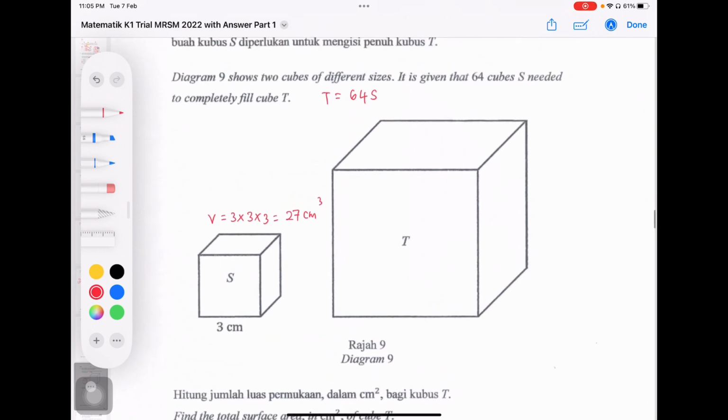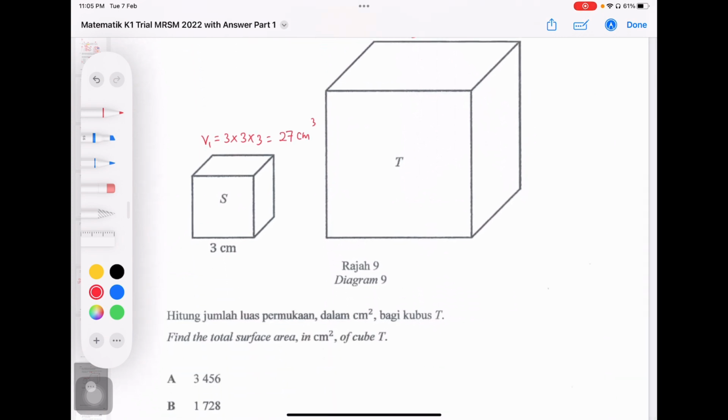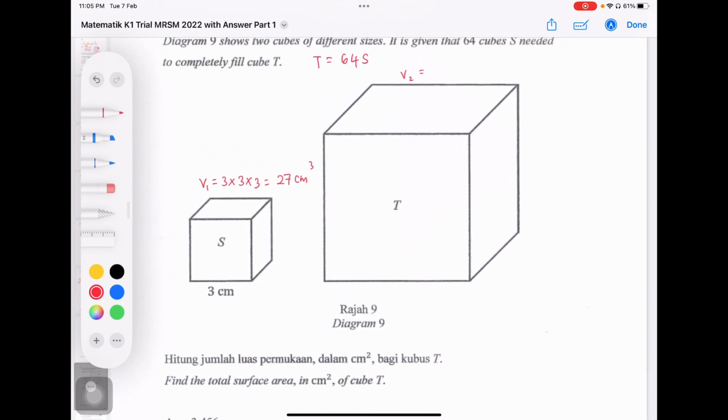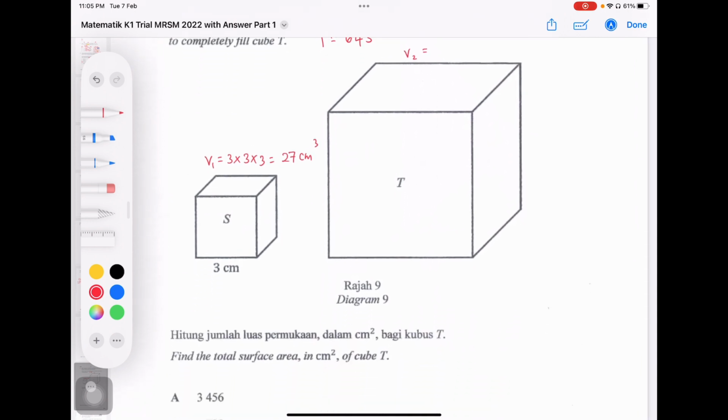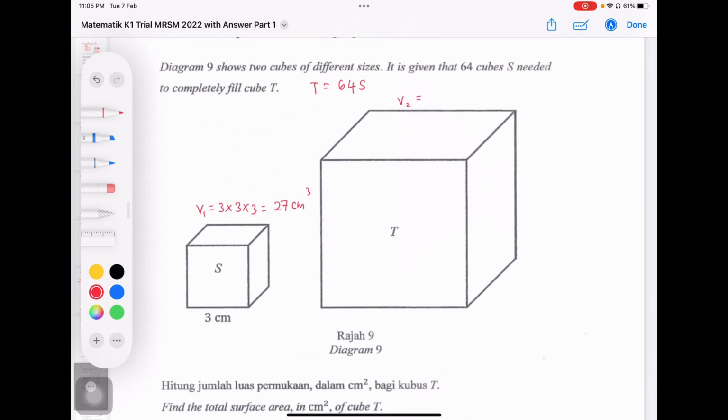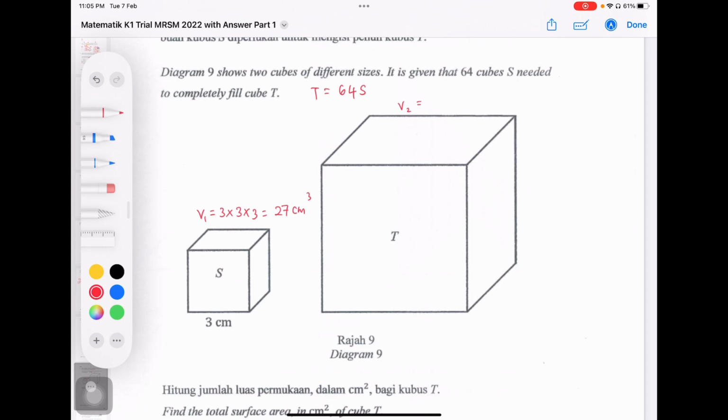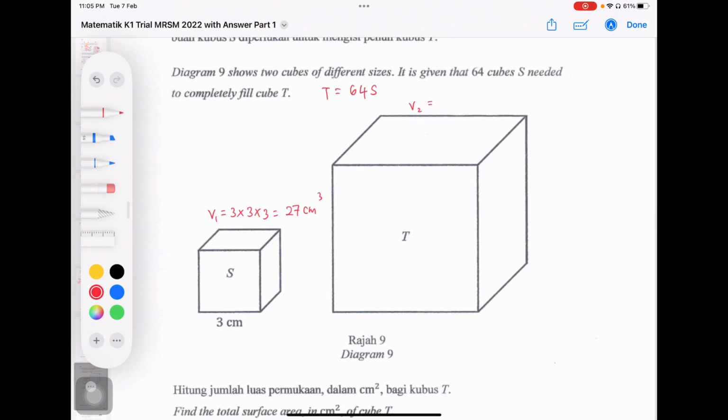Okay, how about the giant one? Maybe we can say this one is V1 and this one V2. We don't know exactly the width, the length, and the height, but we know the total volume. We can find the volume of V2 here.